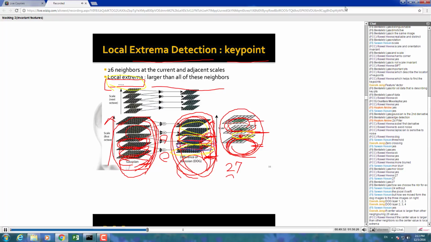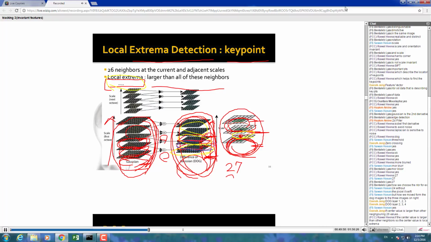So your question, if the center value is larger than other neighbors, so the center value is local extrema, yes. It should be larger than all other 26 values, not just some of them, okay? It should be larger than all others. When we say others, it means all 26 values in this window, right?